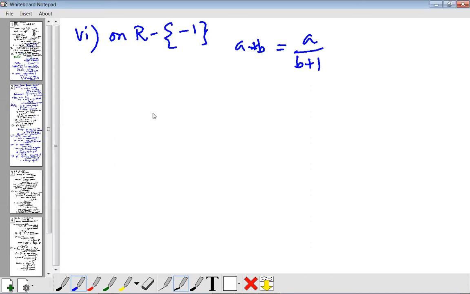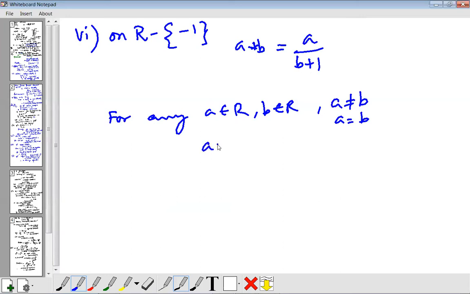So first thing, we have to check whether it's a binary operation or not. For any A belonging to R, B belonging to R, and A is not equal to B, or even A equal to B, in whichever case, A star B equal to A divided by B plus 1 is a rational number, isn't it?